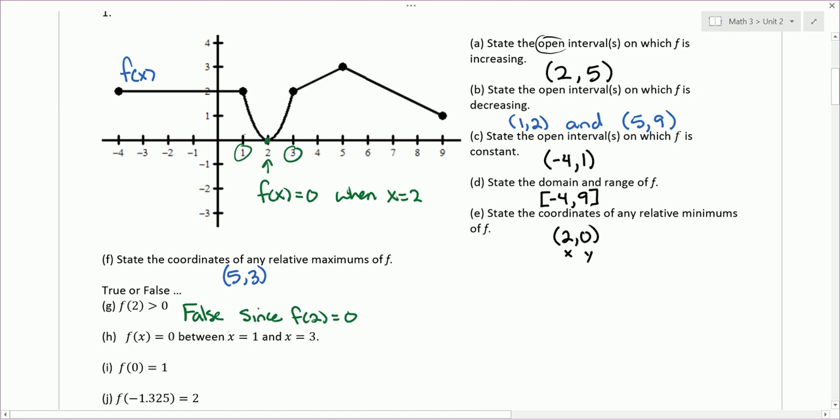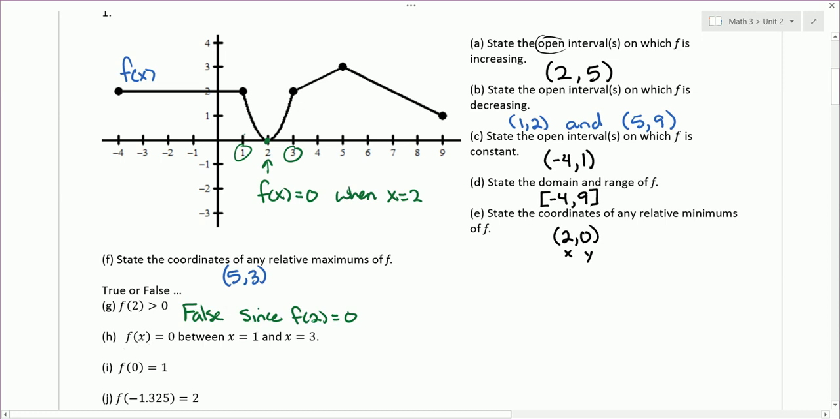And it's true that 2 is between 1 and 3. But this is stated a little weird. It says f of x equals 0. Does it mean at one point between 1 and 3, or everywhere between 1 and 3? It's not as specific as it should be, and hopefully the test will be more specific than this. If not, I will clarify for you.